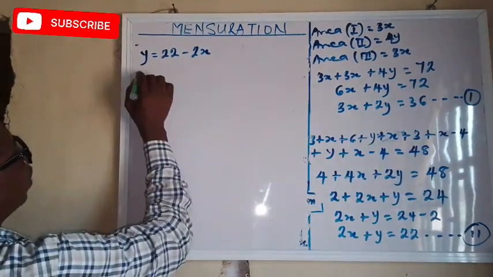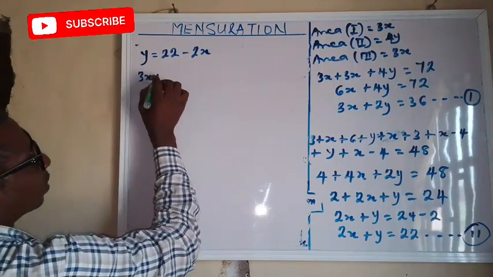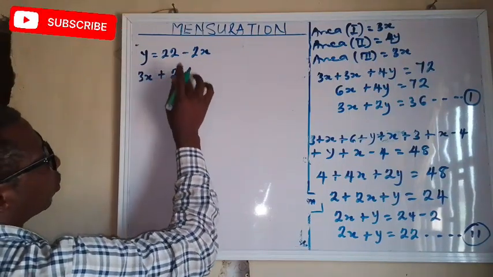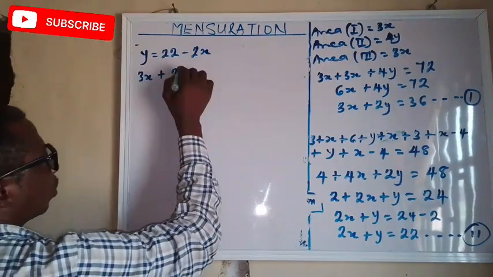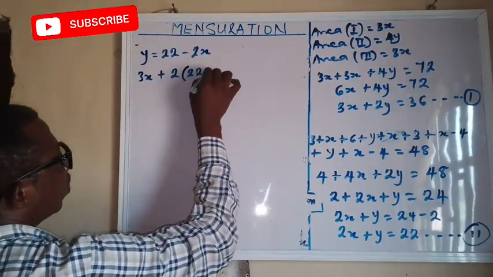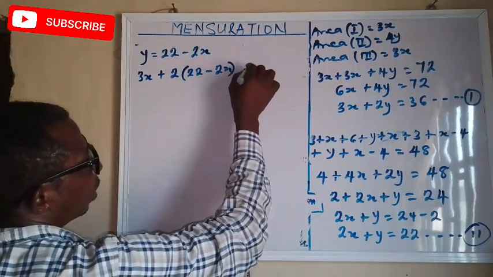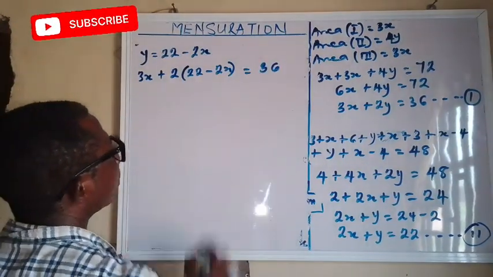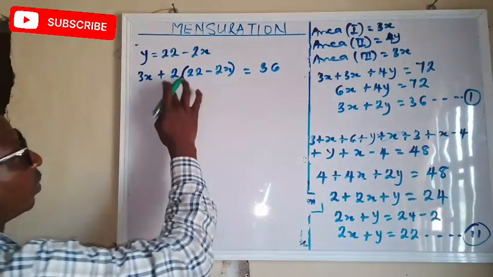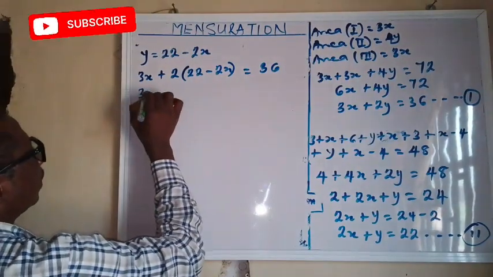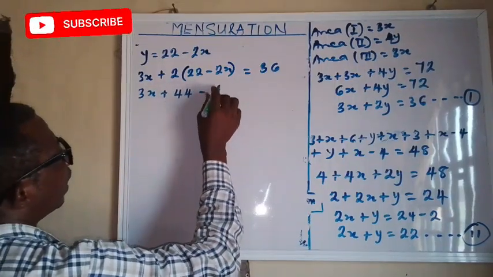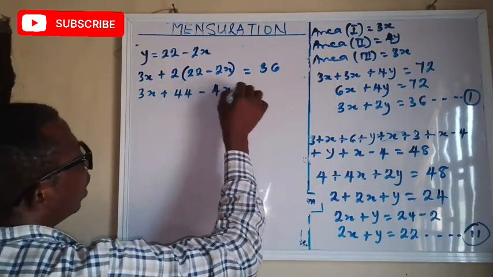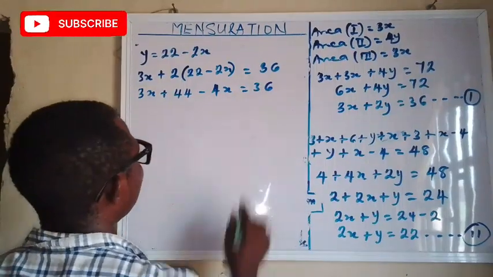So when you do that, you have 3x plus 2y, but this is the value of y. So you substitute. We have 3x plus 2 times (22 minus 2x) equals 36. All right. So you can open the bracket here. We have 3x plus 44 minus 4x equals 36.